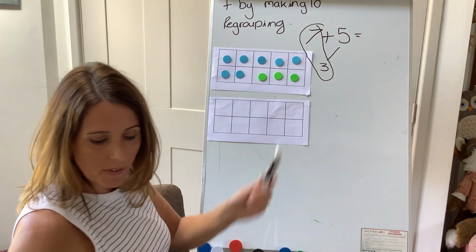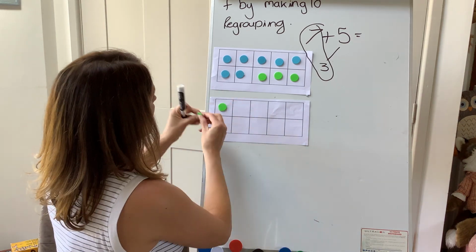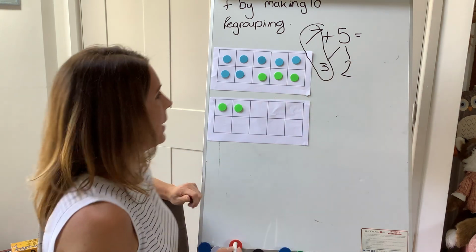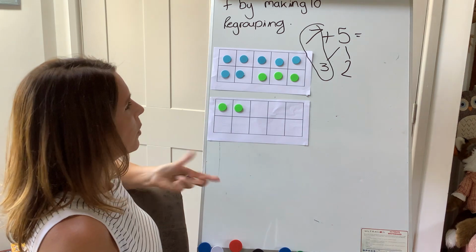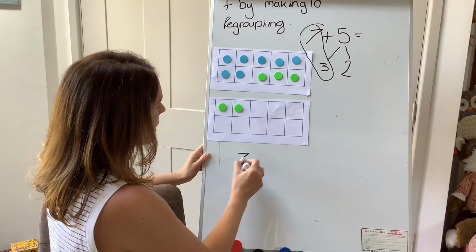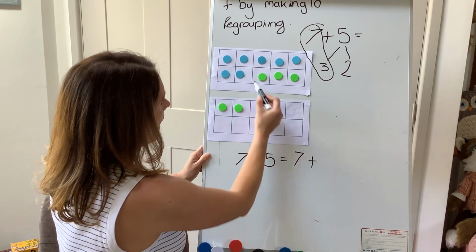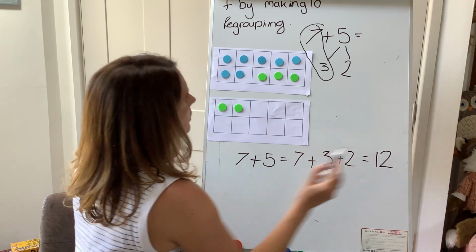And then I've got of the 5 that I have to add, I've got 2 more that I need to add. So I break 5 up into 3 and 2, and then I have 10 and 2 more, which is 12. So this would look like 7 add 5 is equal to 7, add 3, add 2 is equal to 12.